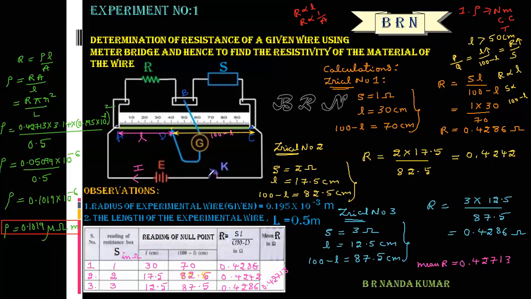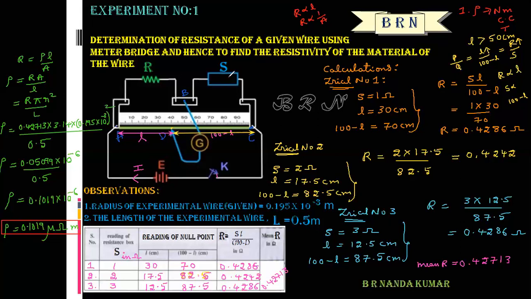Now, the known resistance in the right gap of the meter bridge is kept 0. What will be the deflection?